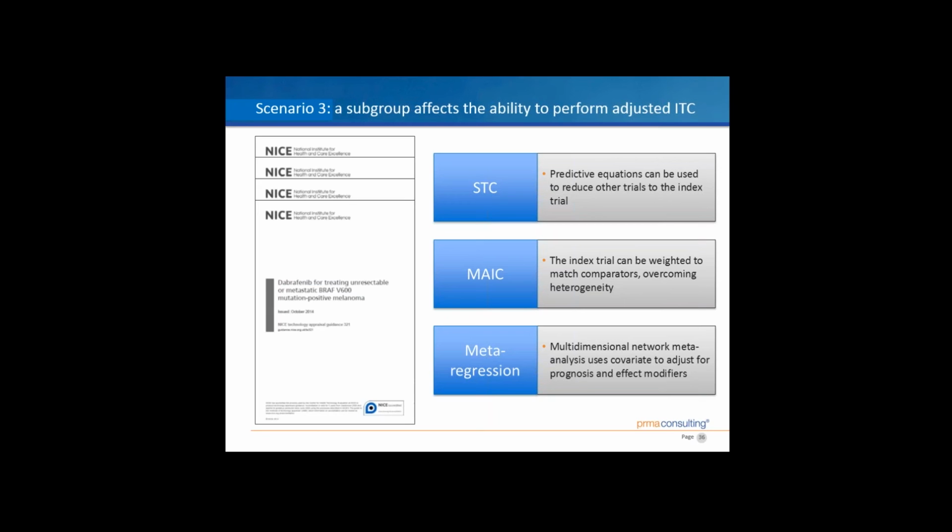And then the third is what's called meta-regression in a specific way, which is multidimensional network meta-analysis. And this is a regression-based approach which allows you to adjust not only for the natural history and prognosis, but also effect modifiers.